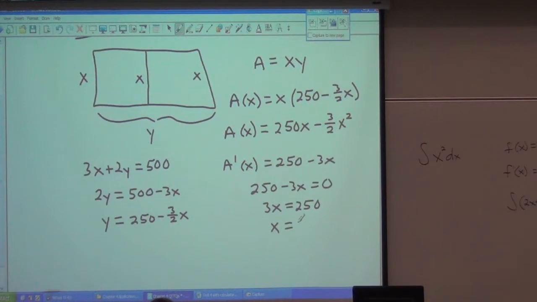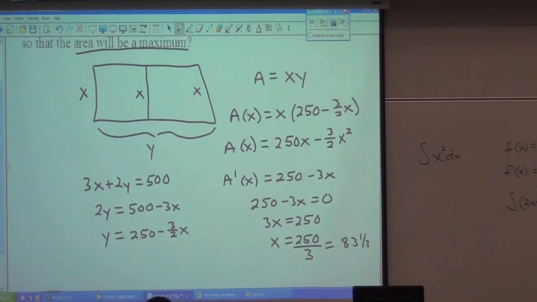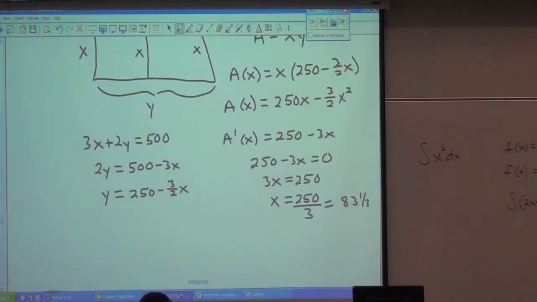So x is 250 over 3, which is 83 and a third. And it was feet.